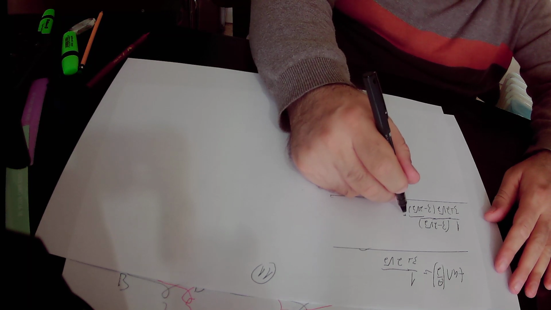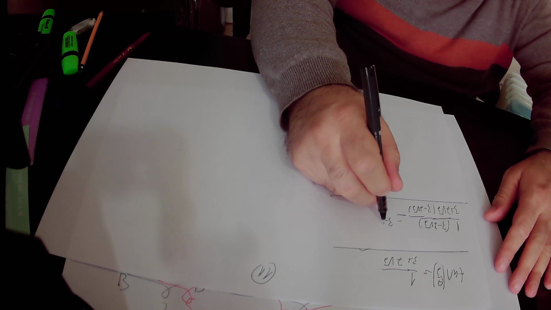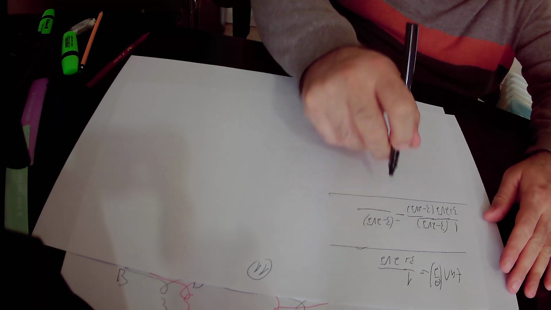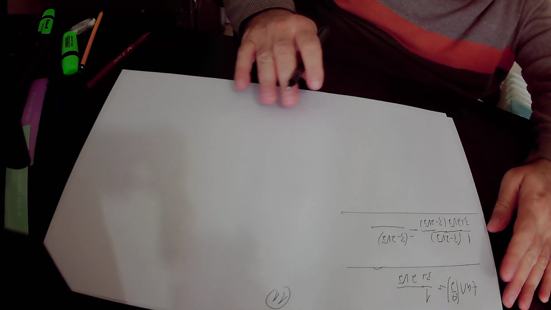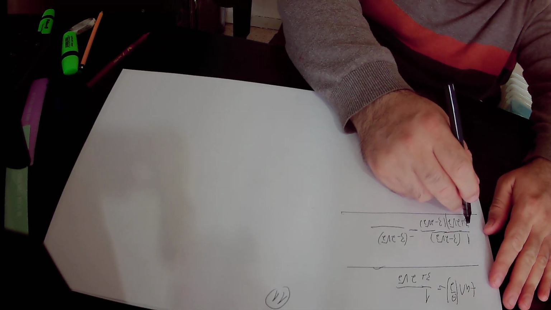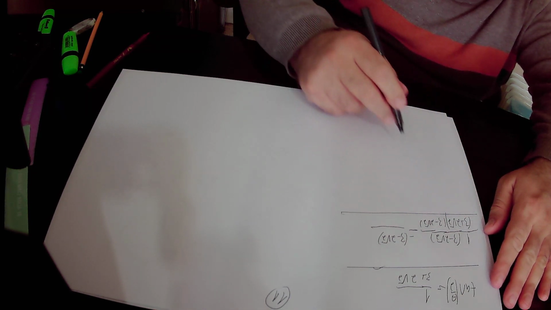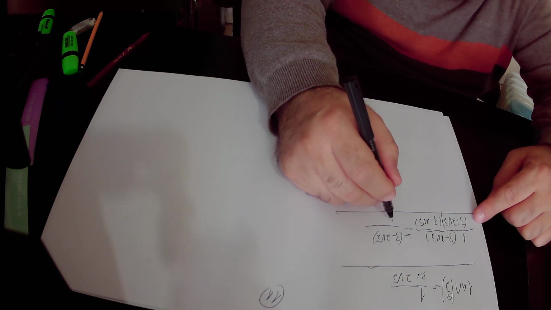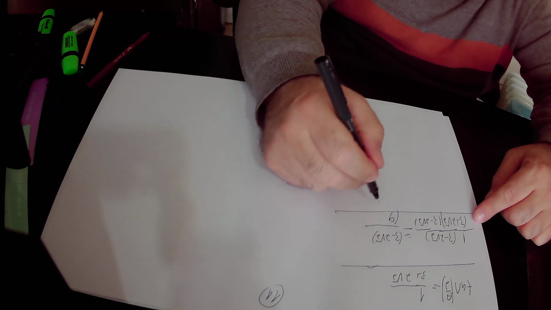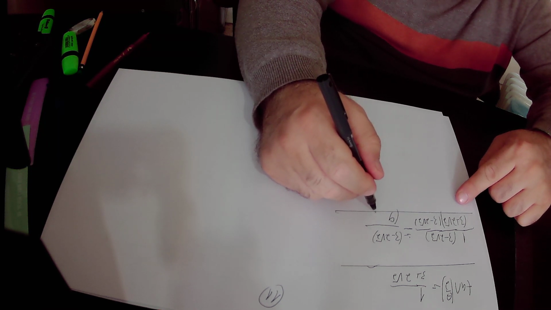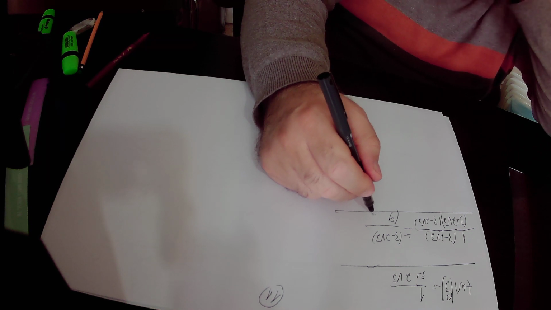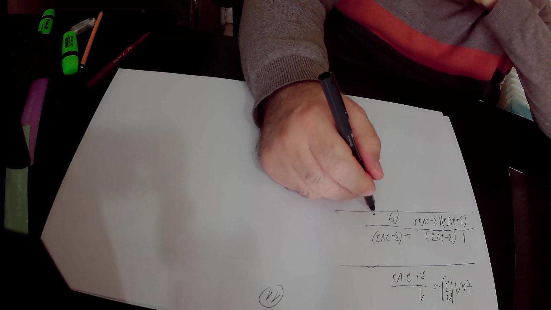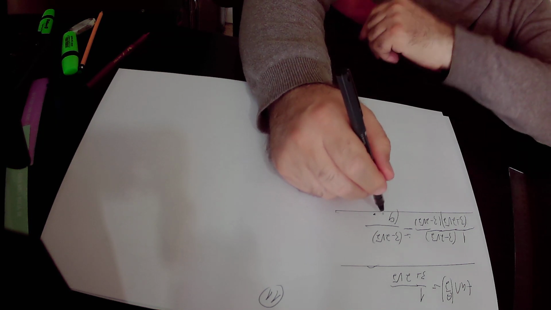Here in the numerator we have 3 minus 2 times square root of 2, and in the denominator we have an expression very similar to the algebraic identity that states that a plus b times a minus b equals a squared minus b squared. Here a equals 3, so a squared is 9, minus b squared. b equals 2 times square root of 2, so b squared is 8, so it is minus 8.